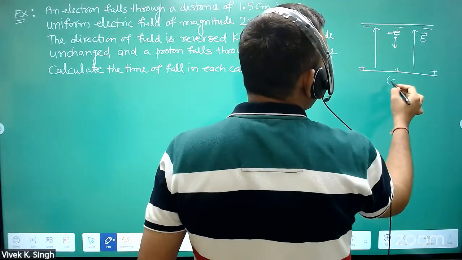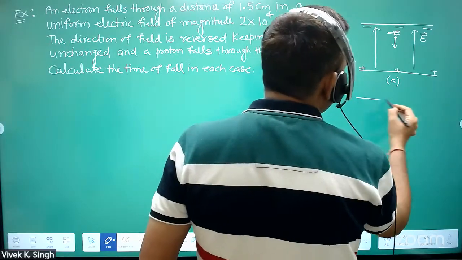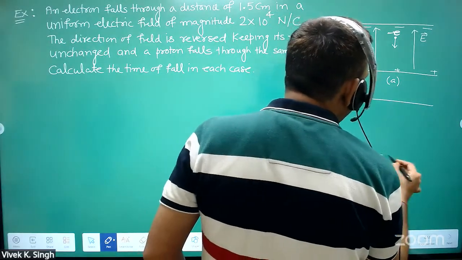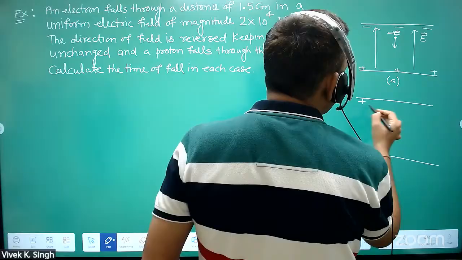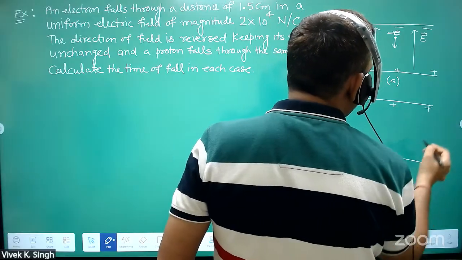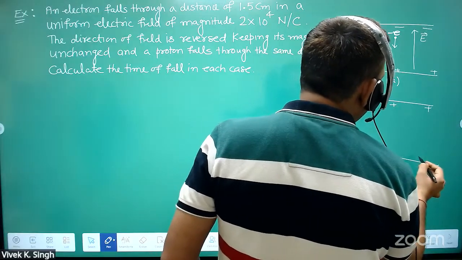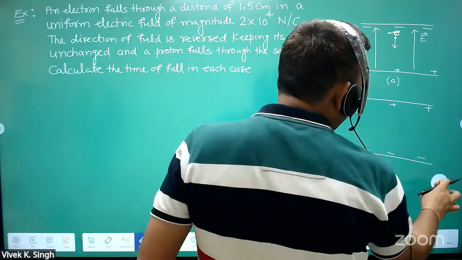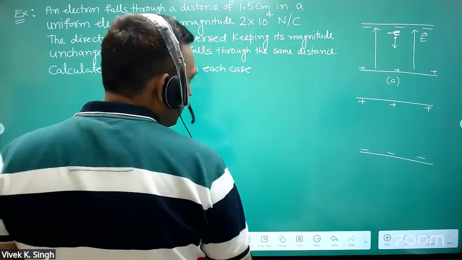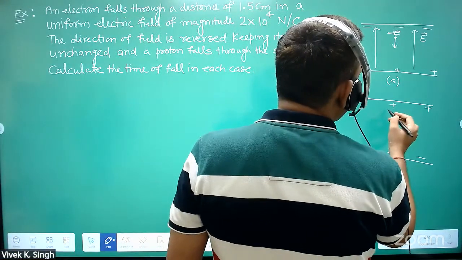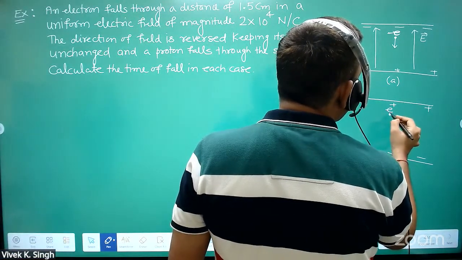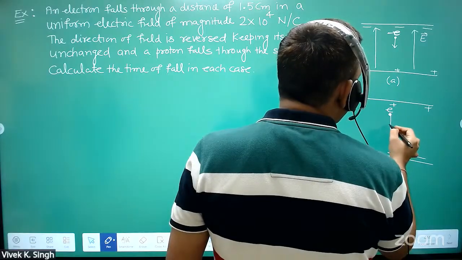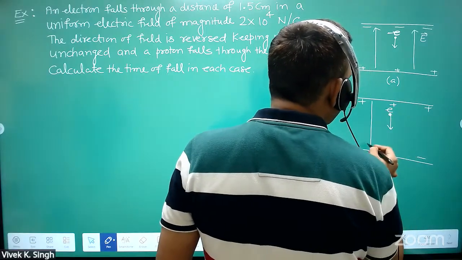Let's say this is figure A, and in figure B, if you reverse the direction of the electric field, इसको हमने प्लस कर दिया और ये माइनस हो गया. ठीक है. Now consider a proton here. अब प्रोटॉन ऐसे मूव करेगा.